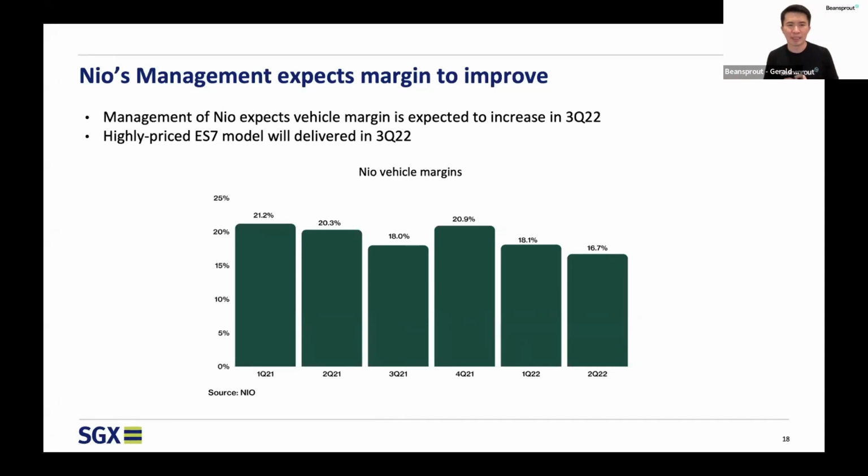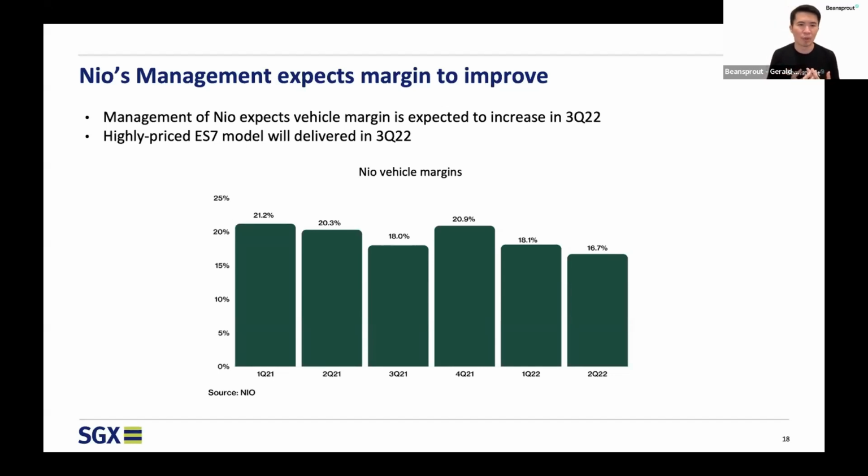What is actually driving this confidence? Number one, you have got the supply chain constraints actually starting to ease, which was one of the factors we talked about earlier as to how the semiconductor shortage is starting to become better, and that is helping the automakers to be able to produce more electric vehicles. The other factor that is more company specific is that they are starting to deliver the ES7 model.